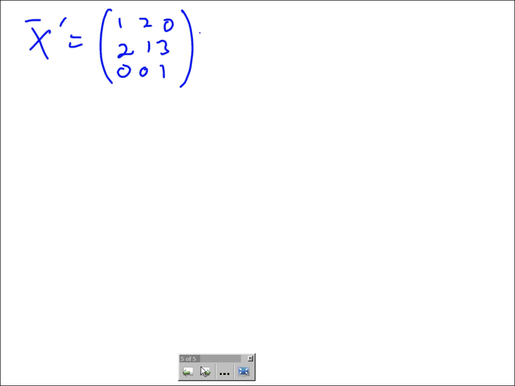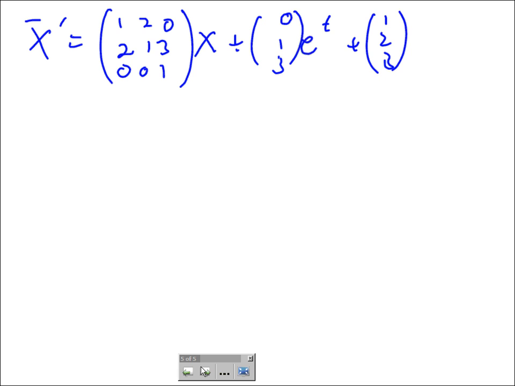Suppose you have this. X bar prime is equal to 1, 2, 3. So there's 3 variables. 0, 0, 1 times x plus, say, 0, 1, 3 times e to the t plus 1, 2, 3t. So we're going to add on some t's.